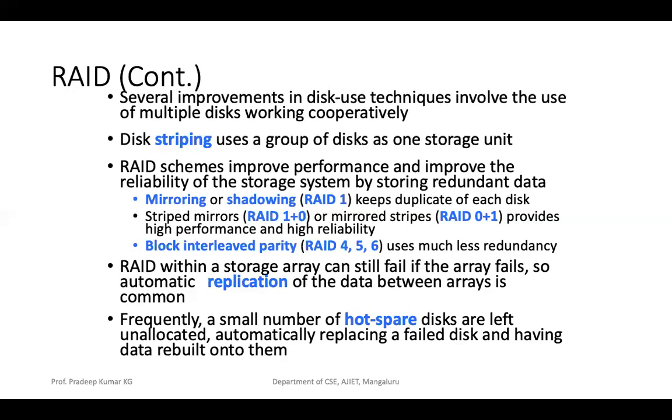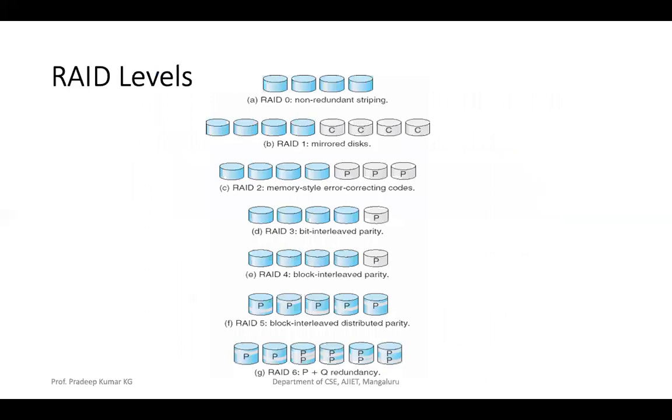Automatically, another disk will carry over the task where it stopped, and you're supposed to insert a new disk in that particular position. Still your machine is running, still your program is under execution. So this particular task is called hot spare. It will automatically replace a failed disk and have the data rebuilt onto it.